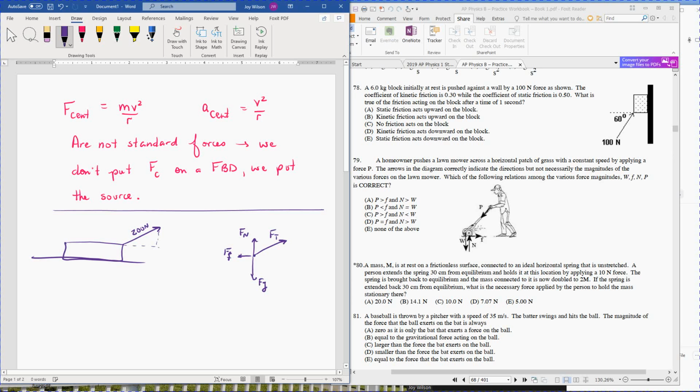But one of the things I want you to remember is that force normal does not always equal force gravity. For example, in this situation, there are two upward forces.